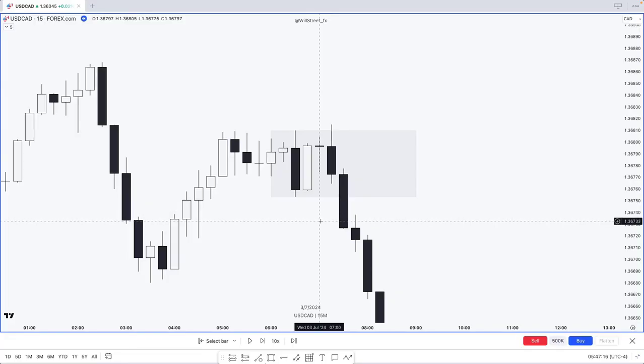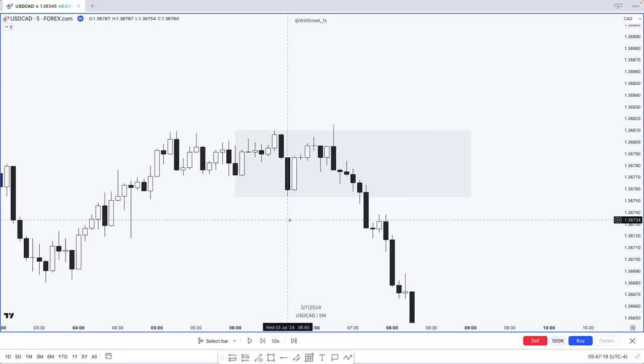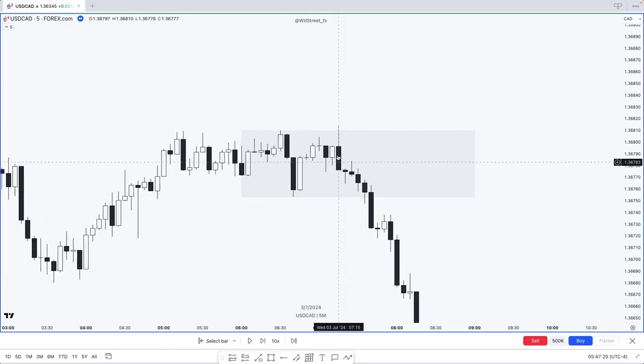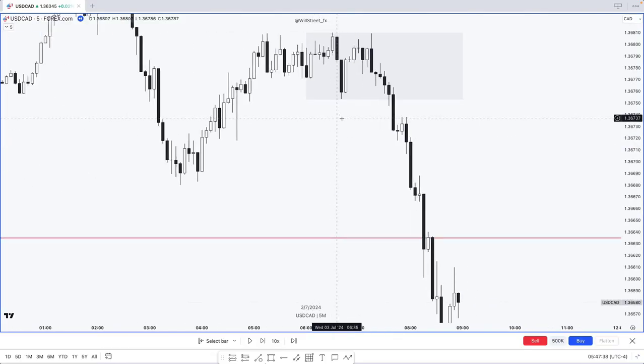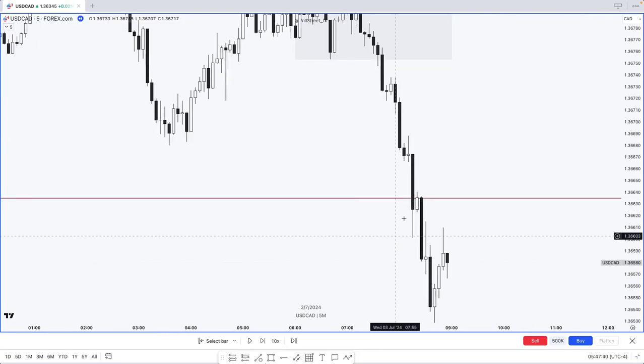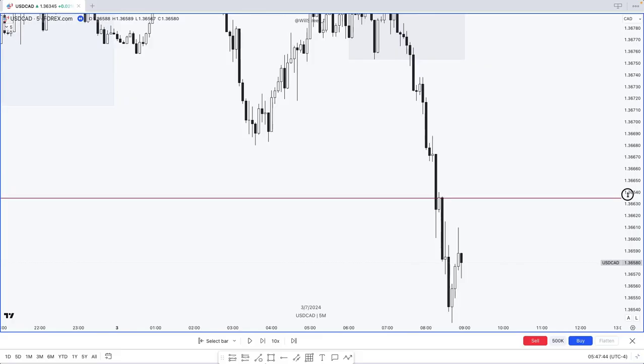So let's refine. This will be a failure swing. Imagine this. And final target done here with the news at 8:15.